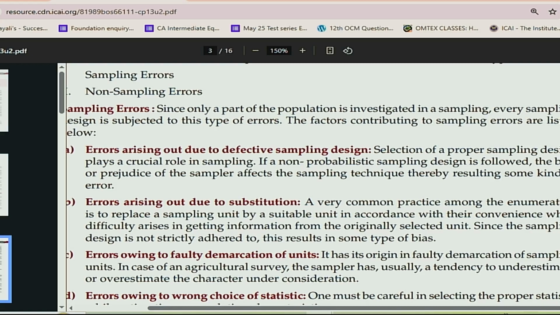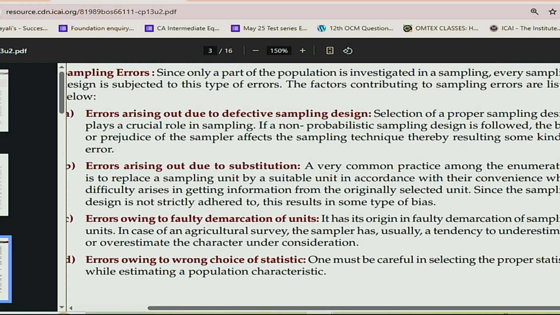Next, errors owing to faulty demarcation of units. As the name suggests, do you know what is faulty demarcation? It has its origin in faulty demarcation of sampling units. They have given an example of agricultural survey. The sampler has usually a tendency to underestimate or overestimate the character under consideration. So, generally farmers काय करतात?